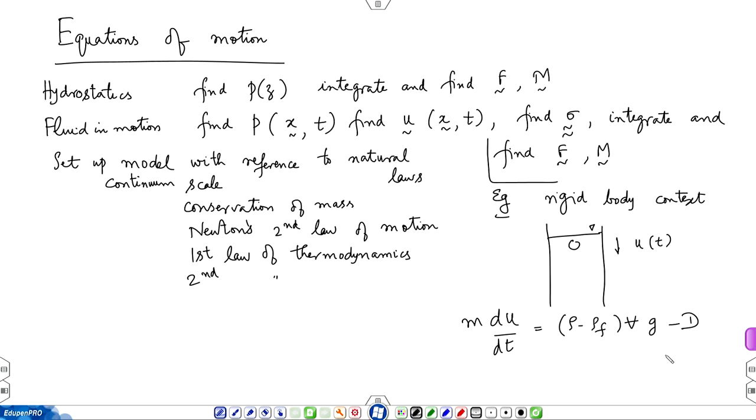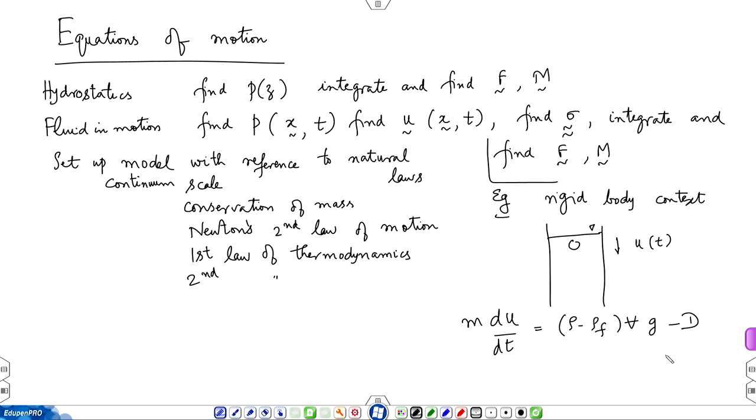So, here we were able to apply the natural laws to that rigid object. Now, think of applying the natural laws to a fluid medium. The fluid medium is going everywhere, whether it is air, water, there are no identifiable particles.